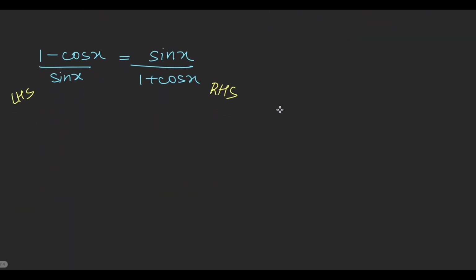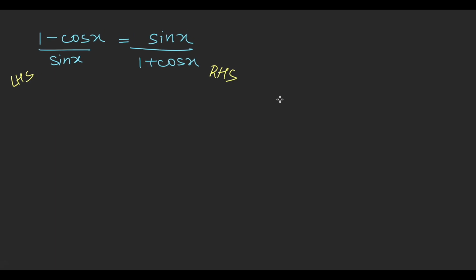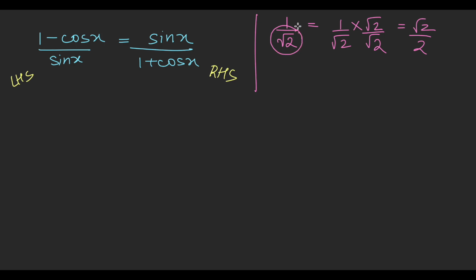Now, what does it mean to rationalize a trigonometric identity? Just because you guys have made it so far into trigonometric identities, I'm assuming you all already know the concept of surds, which is basically, if I have the surd 1 upon root 2, I can write this as 1 by root 2 into root 2 by root 2, which is called rationalizing the denominator, because essentially I don't want a root sign in the denominator.